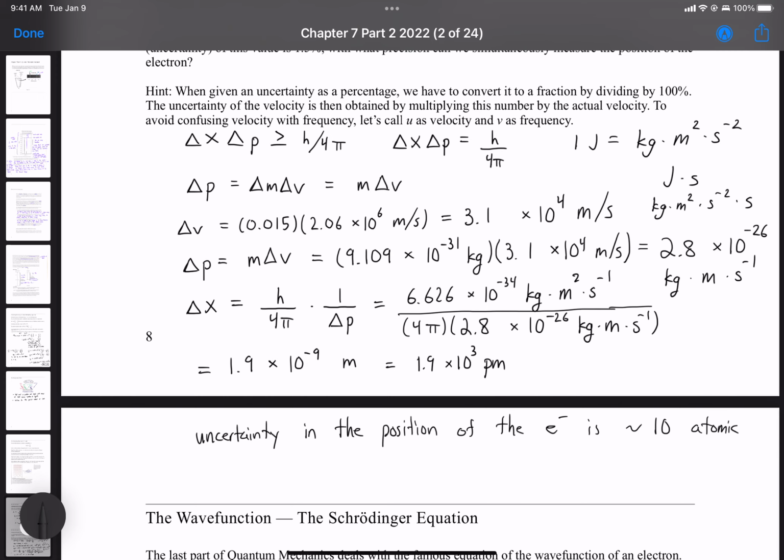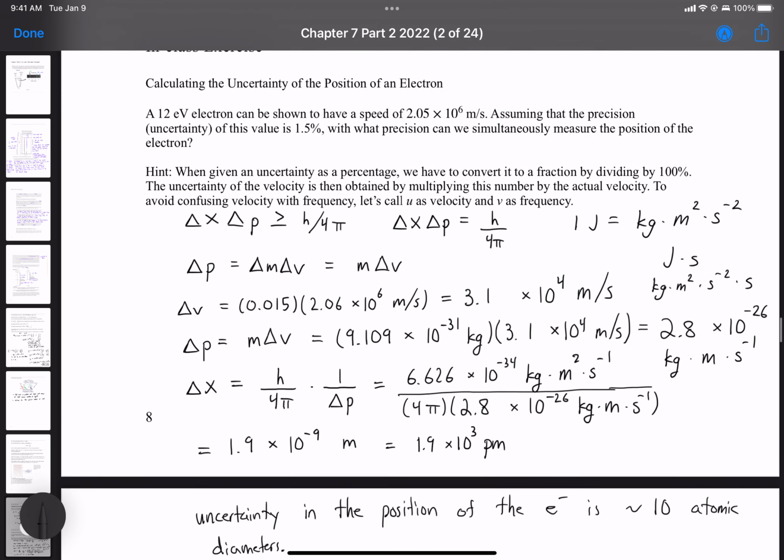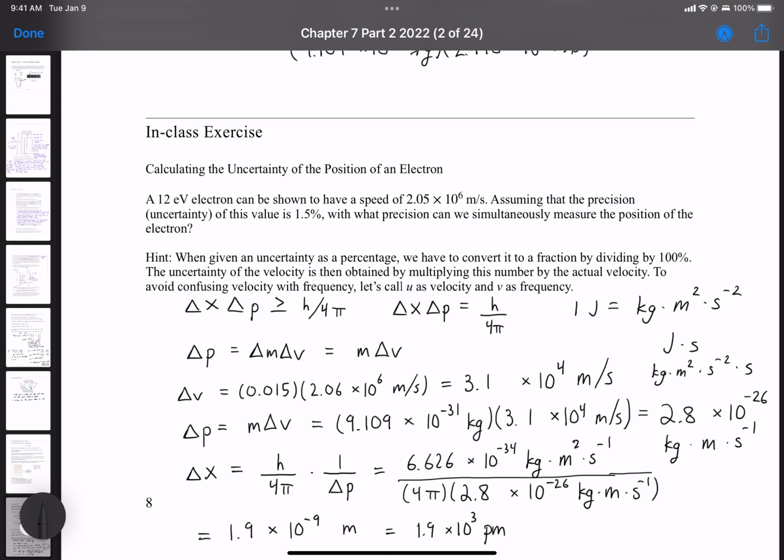So you see here, we can't know the certainty of both the speed and the position of the small particle. So it's almost impossible. There's a certain limit. You know, I wish technology had advanced where we could detect the electron, but we just can't. Okay, so that's how we would do a problem with uncertainty of the position of an electron.